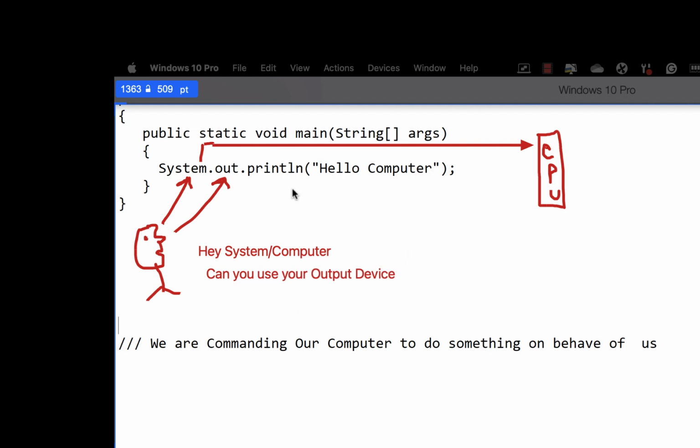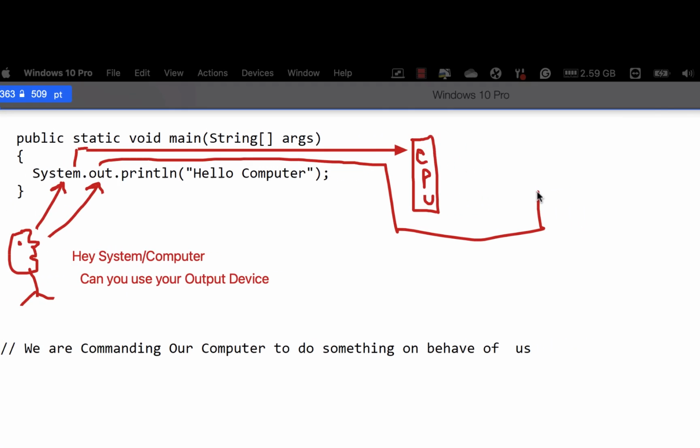We mean something like a monitor, maybe. So let's draw another line here, all the way to a computer monitor. So you are saying, hey System, can you use your output device and then print a line for me.